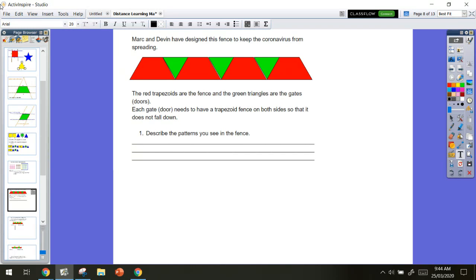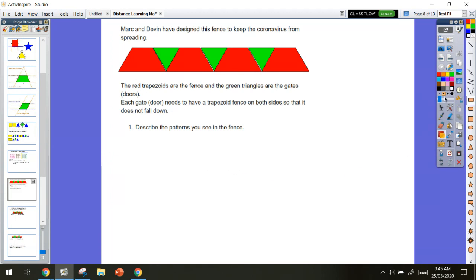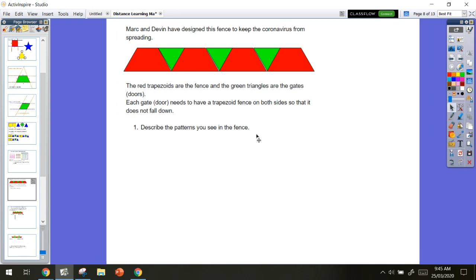Each gate needs to have the trapezoid fence on both sides so it doesn't fall. Describe the patterns you see in the fence. So the first thing I need to do is figure out the pattern. What is the pattern?